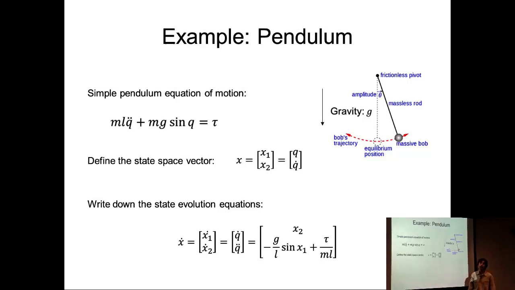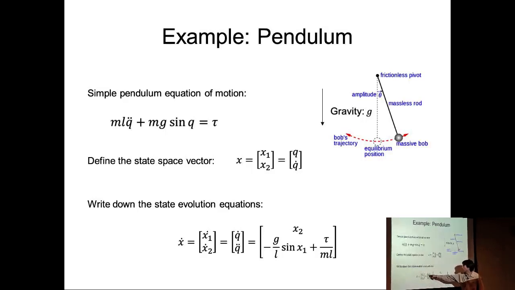We're going to define our state space vector x1, x2 as q, q dot, or really theta and theta dot. Substituting into our state space formulation, we have our first derivative of state x dot, x1 dot, x2 dot, q dot, q double dot. This is theta double dot.